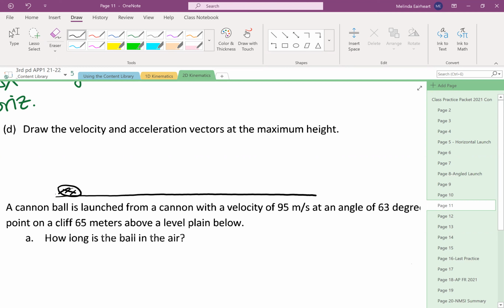And they said neglect that height. So we're just going to launch it at this speed, at this angle from the ground. And that football is going to go up, up, up to the peak. Does it stop forever right there and fall straight down?